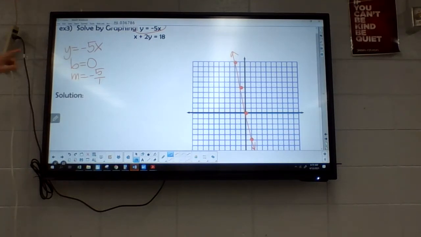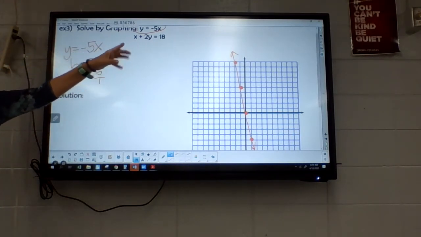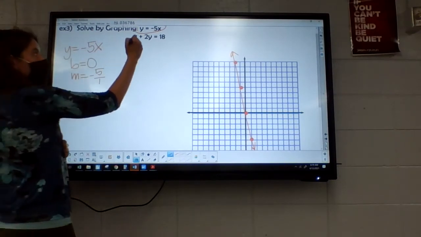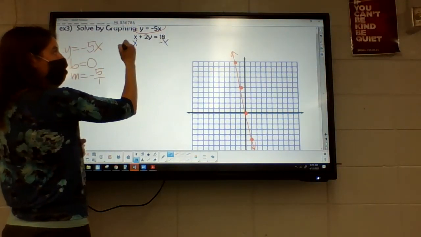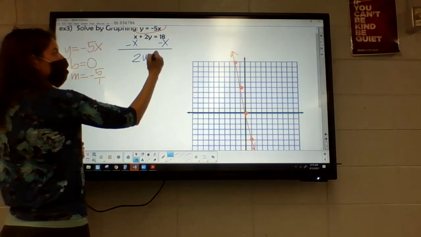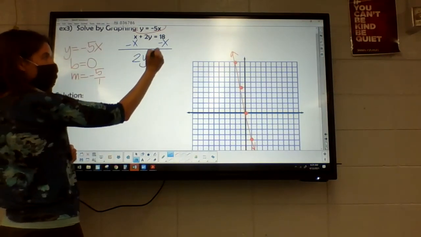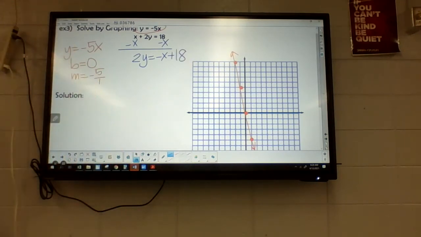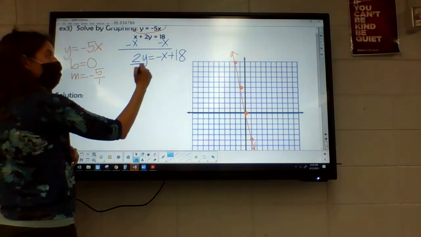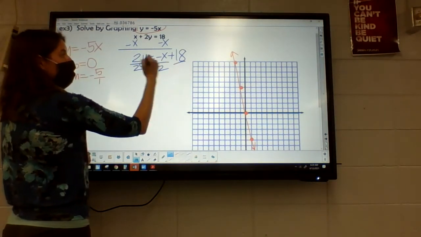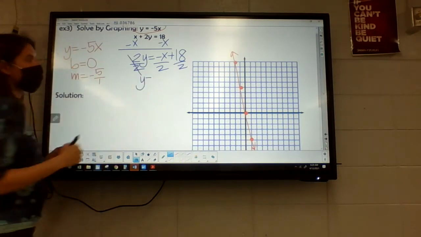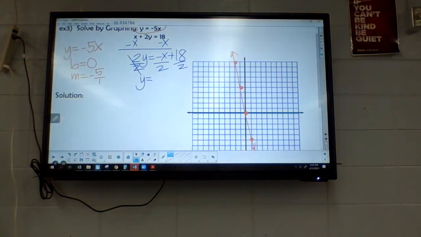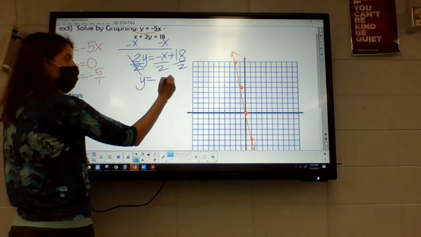So this next one, I need to get the y alone. So I'm going to move the x over first. I'm going to subtract that x, and I'm going to write it as the x first, and then plus whatever we had there. But now I have to divide by 2. So my slope here is the number in front of that x, so it's negative 1/2, kind of like the last one we just did.